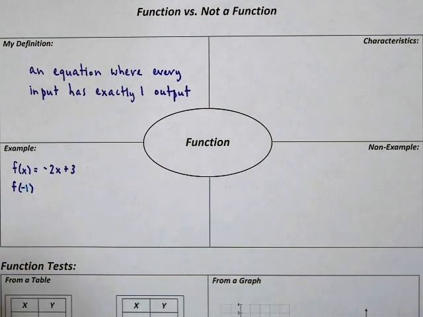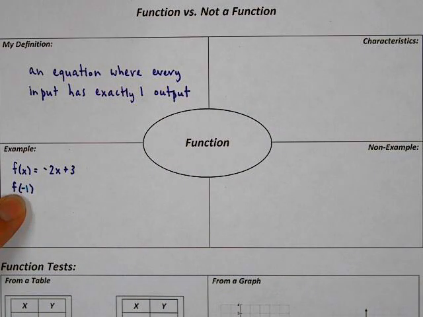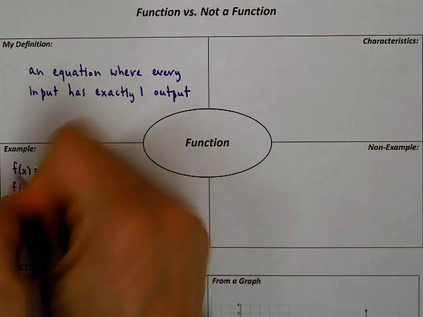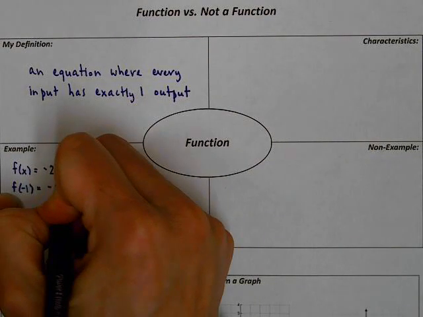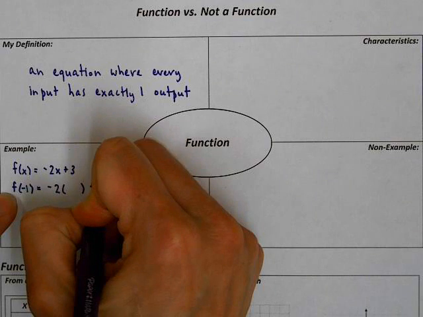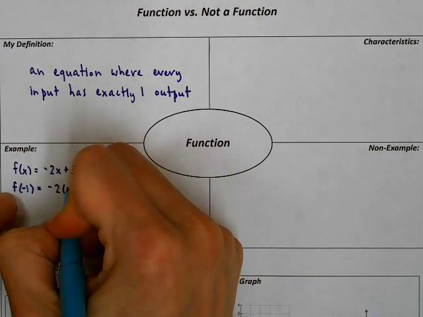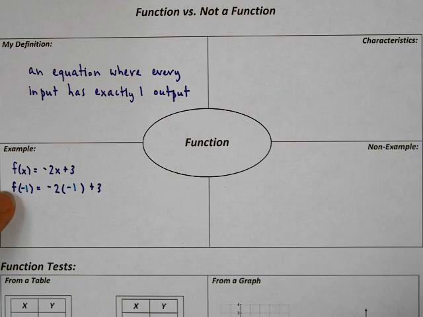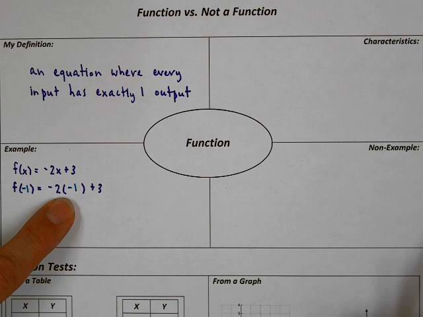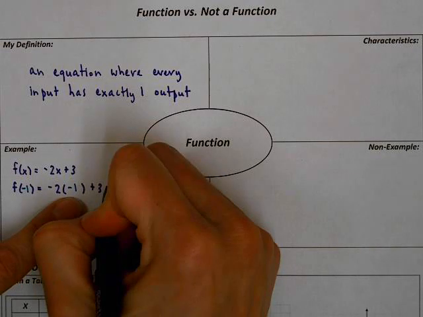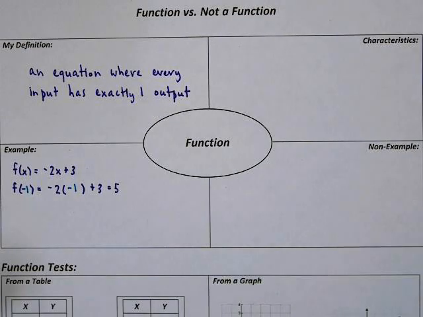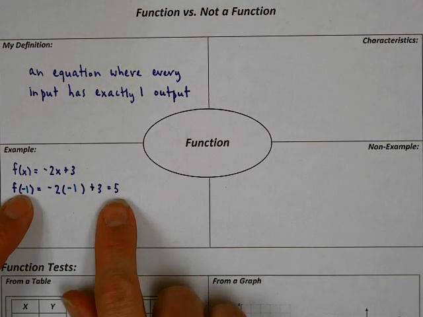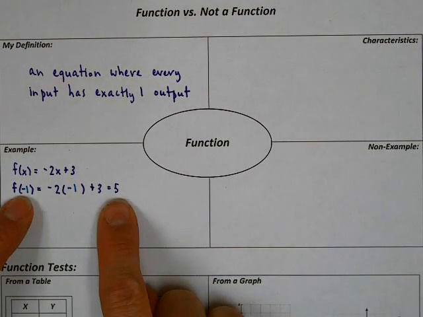We know to find that output for f of negative 1, we're going to use our equation here, and we're going to substitute negative 1 for our input. Now, if I evaluate that, I have a negative 2 times a negative 1 is a positive 2, plus 3 is equal to 5.